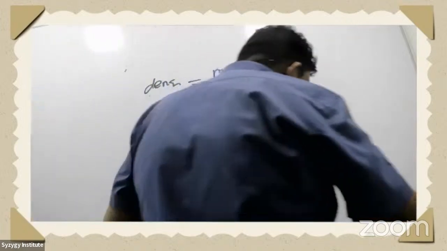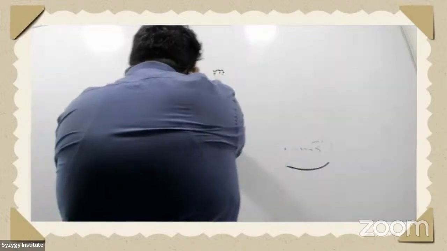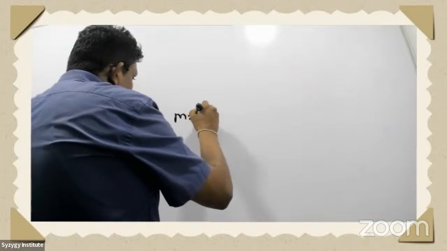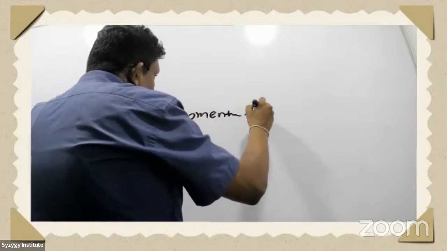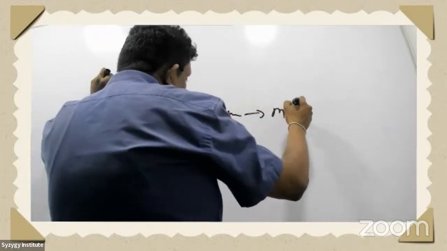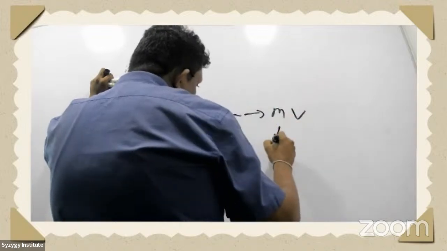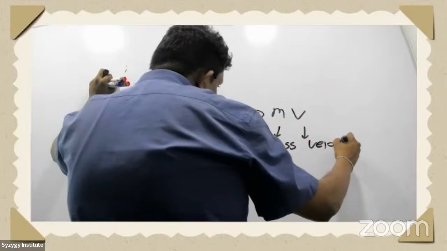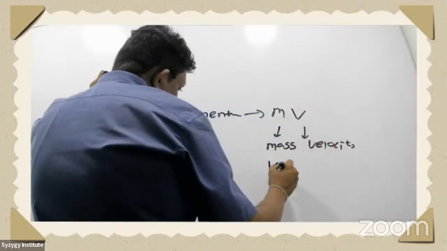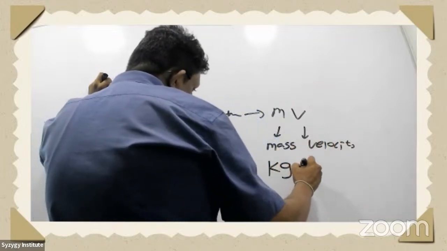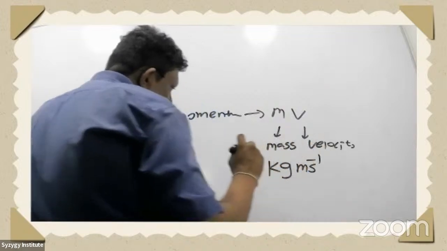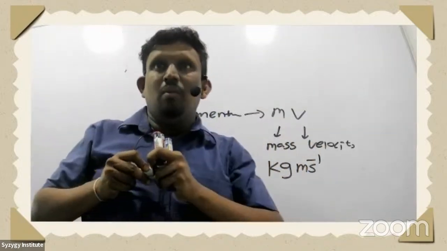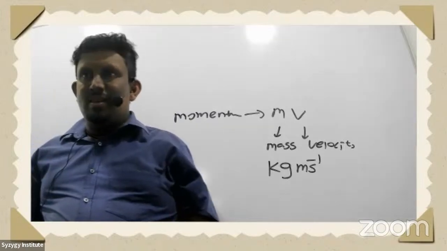Then momentum we can write as mass into the velocity. Mass in kilogram, velocity in ms minus 1. Momentum. Is this clear?